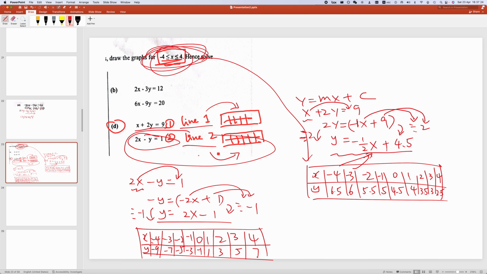Okay, so after getting the second table, I realized something. You know what I realized? The y is minus 9 to 7, right? Do we have a negative value here? No. So that means next time when we do this, we need to get both tables out first, because if not, our planning is wrong.